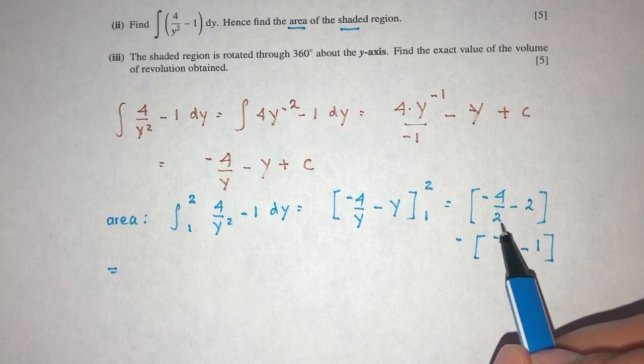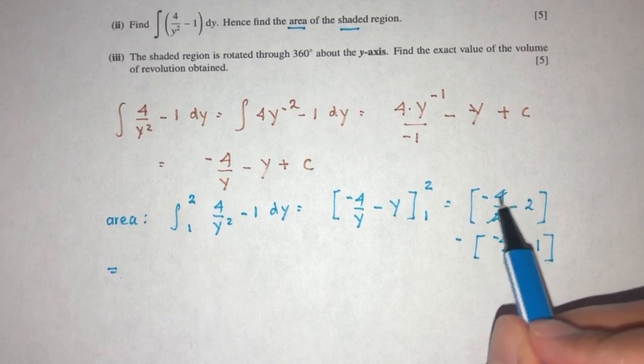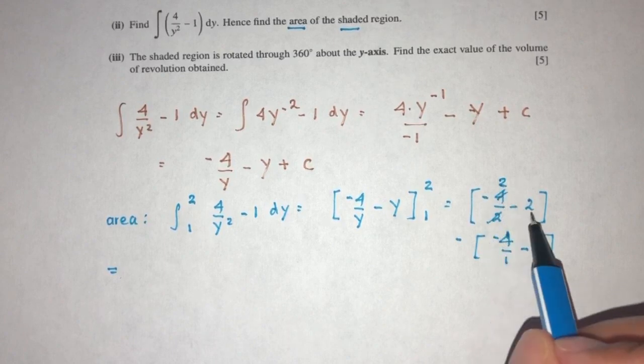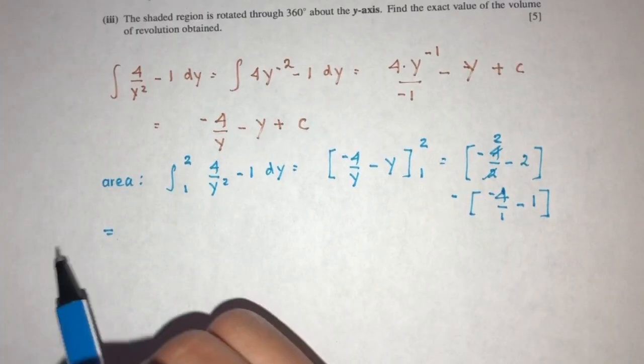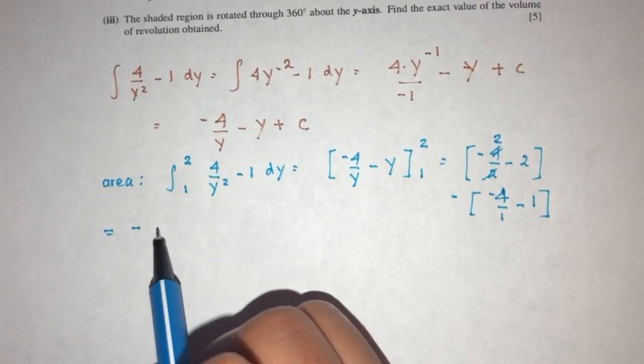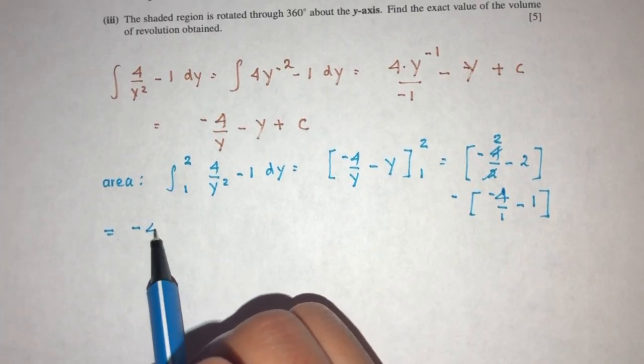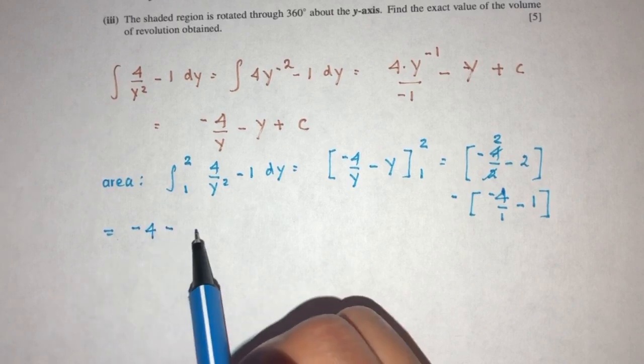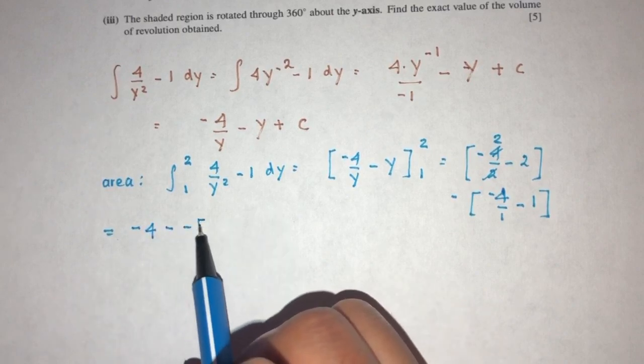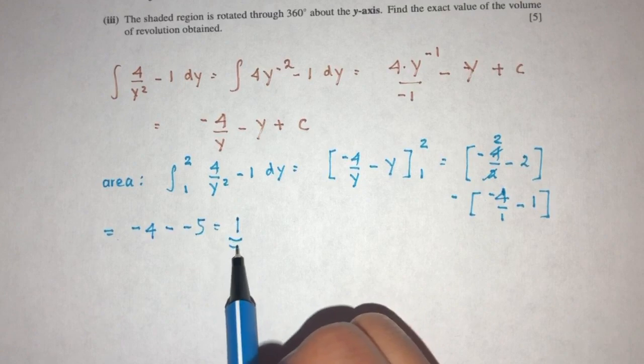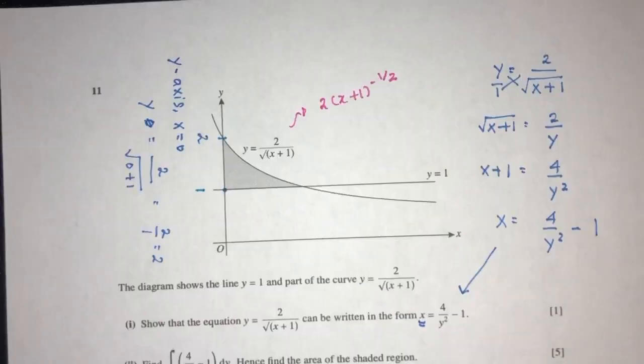So that should be divided by 2, that should be 2. So minus 2 is what? Minus 2 is minus 4. And here we have minus, that should be minus 5. And that will give you 1 as your answer, which is the area of this one. This is 1 unit square.